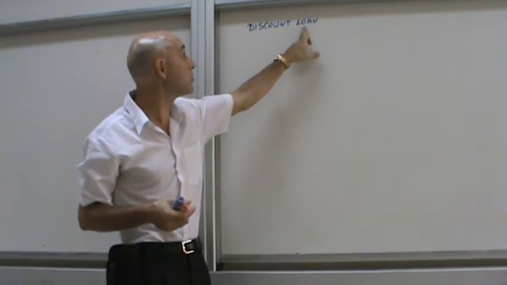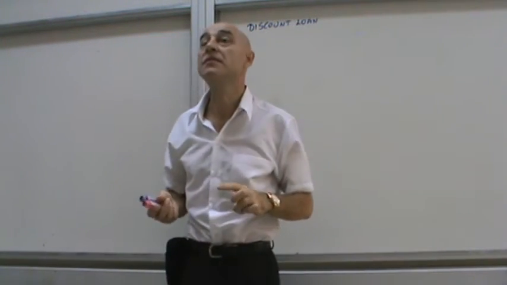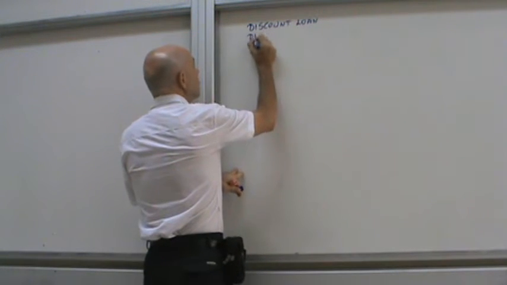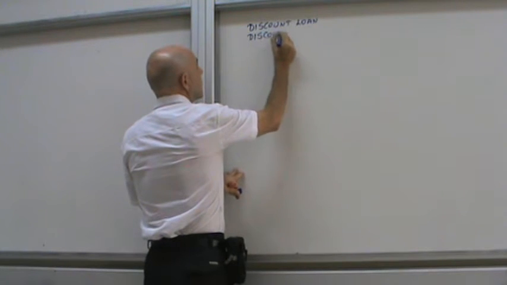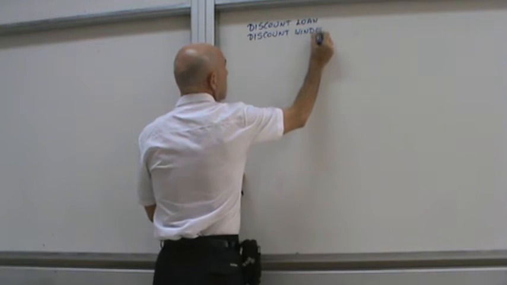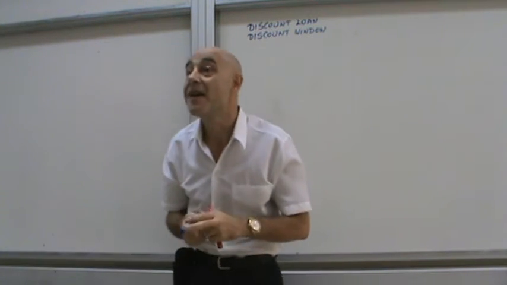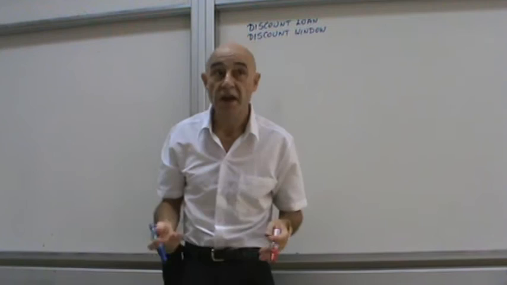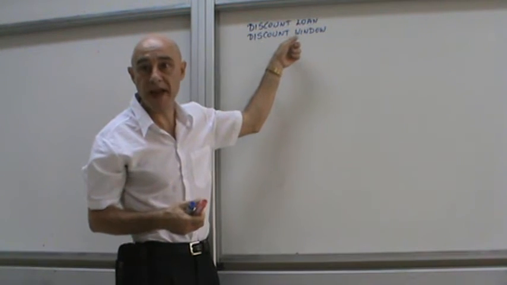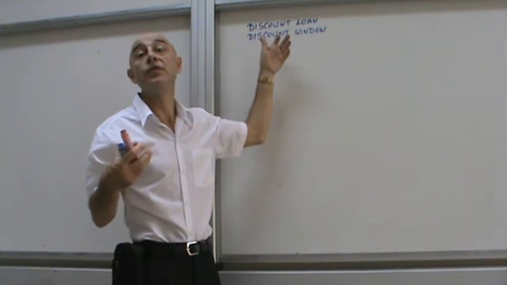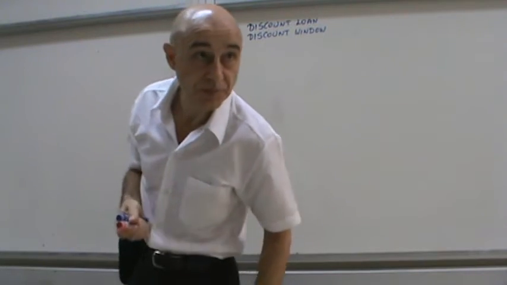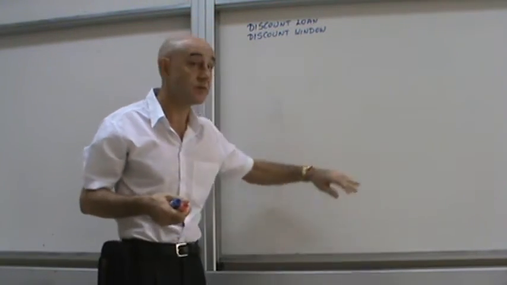So that's a discount loan. The mechanism by which it's done is said to be through the discount window. Discount window is a mechanism and a procedure for a commercial bank to borrow from a central bank. That's the discount window.